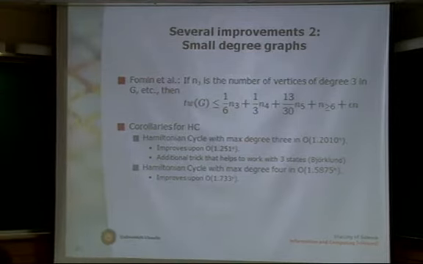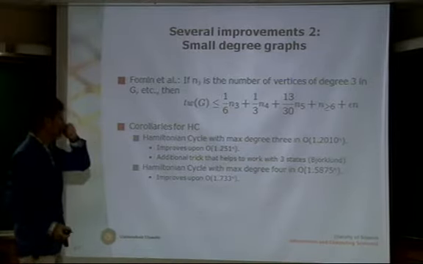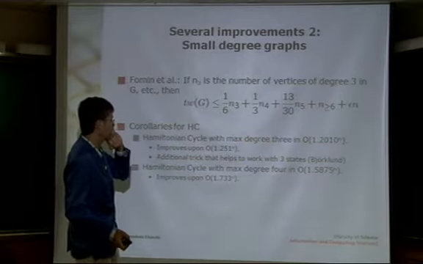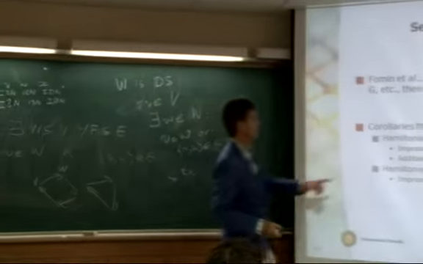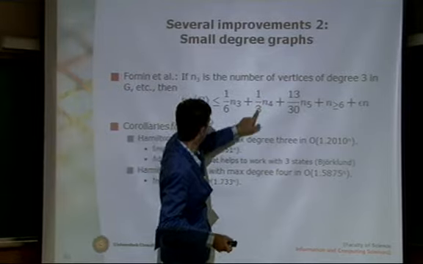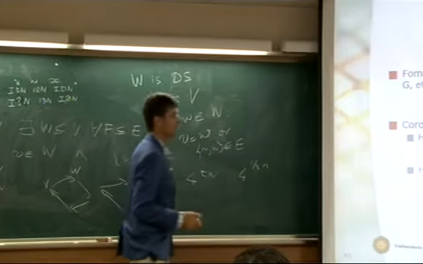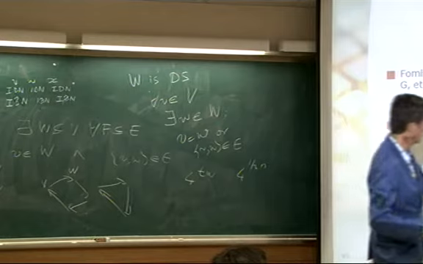Now this has nice consequences. For instance, if you look at a Hamiltonian circuit of graphs of maximum degree 3 or 4, then we have an algorithm which uses 4 to the tree width time. If you plug this value in, if the maximum degree is 4, for instance, then it's 1/3, so you would get something like 4 to the 1/3 n time, and that is much faster than the previous one known.